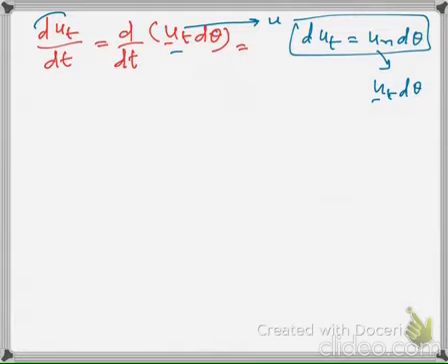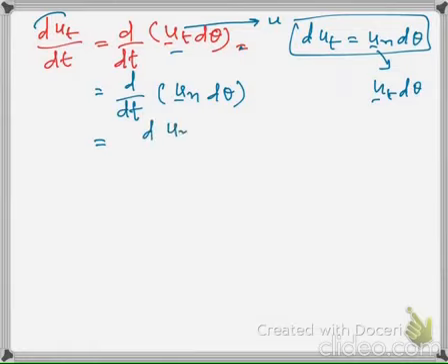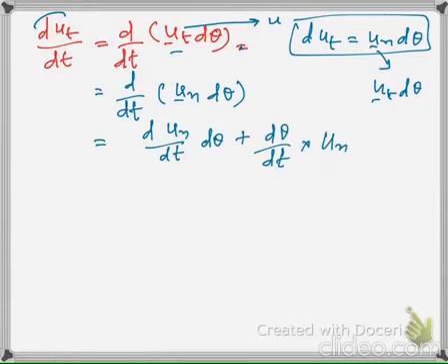So if we change that, we are left with d dt of un d theta. Now if we take the chain rule, we get dun dt multiplied by d theta, plus d theta dt multiplied by un.